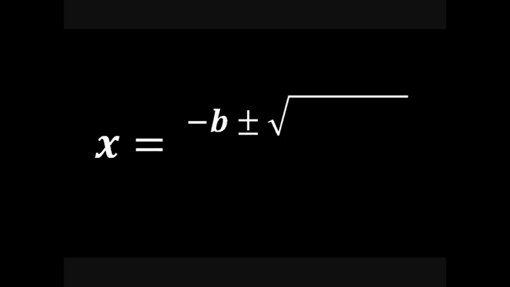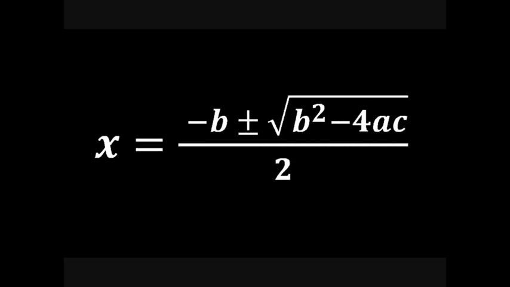What do you think, Bobby? This makes life so much easier. Everybody now. It goes x equals the opposite of b, plus or minus the square root of b squared, minus 4ac all over 2a.